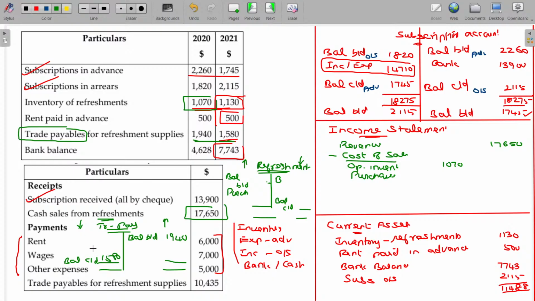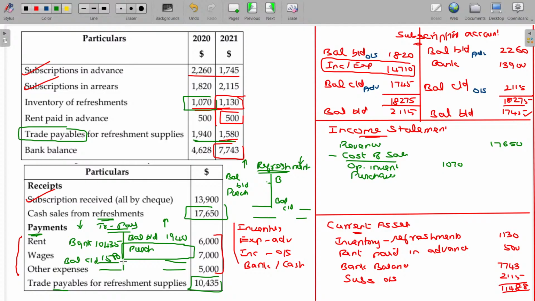When it is increasing, if there are any purchases, it will increase the value. When it is decreasing, it is when the payment happens, payment to them. From the payments, trade payables for the refreshment, 10,435 is paid. As the payment is found, the purchases can easily be found out as the missing data.